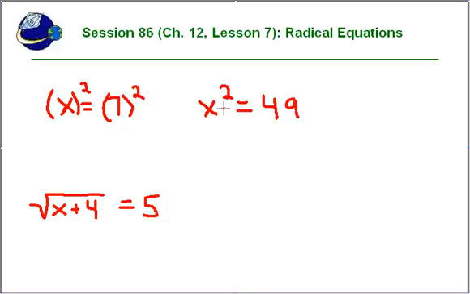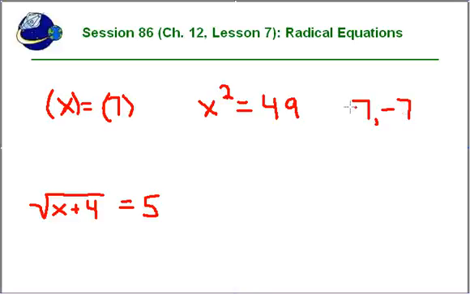But now let's say I wanted to ask, what are the values for x that, when you square them, equal 49? Well, we actually have two answers here, 7 and minus 7. Minus 7 squared is 49. What was our original equation? It was x equals 7. But by squaring both sides and then working backwards, we not only got 7 as an answer, we got minus 7 as an answer.